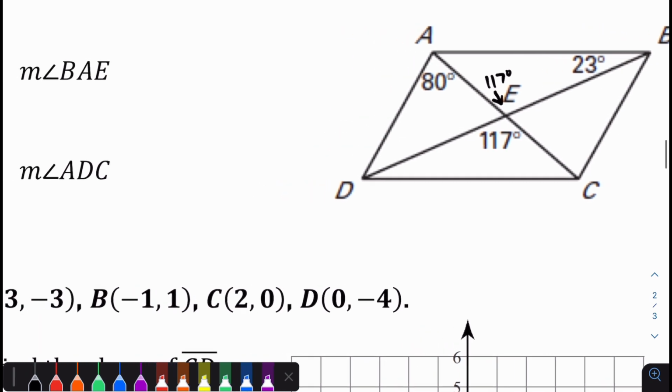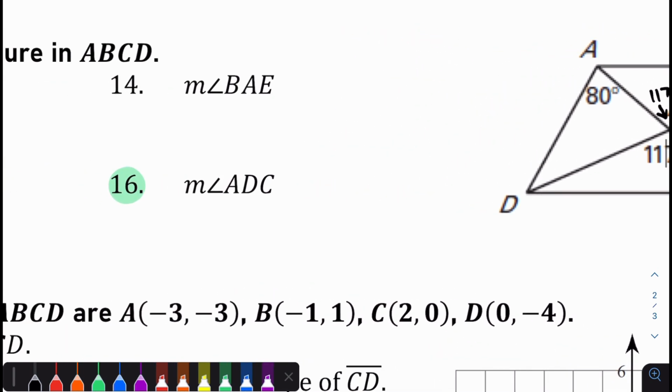So I'm going to do 180 minus 117 minus 23. And I get 40 degrees.